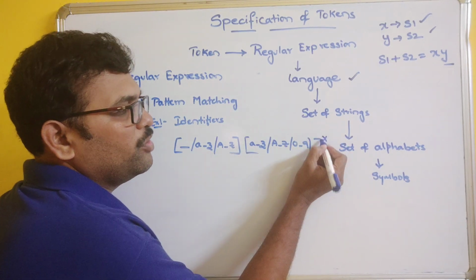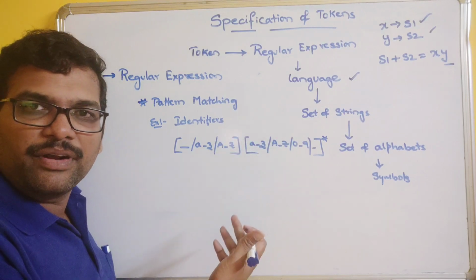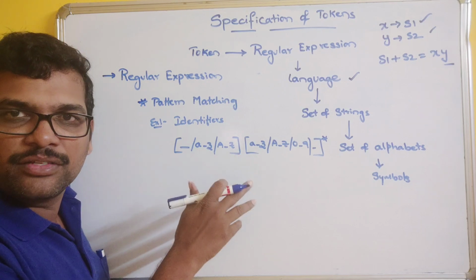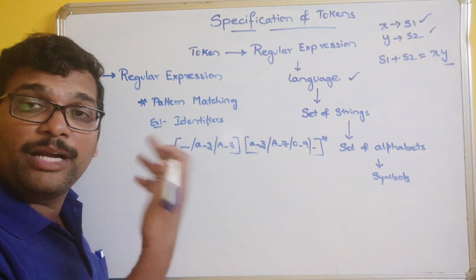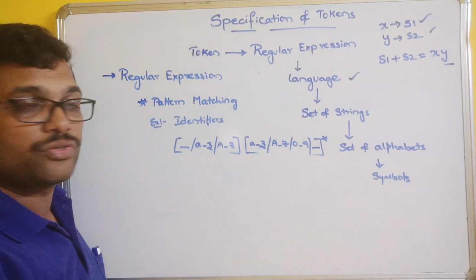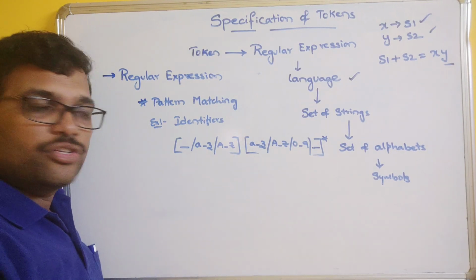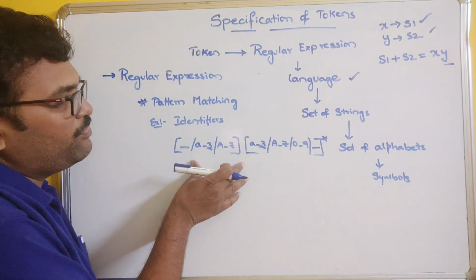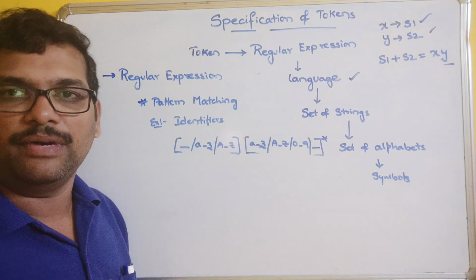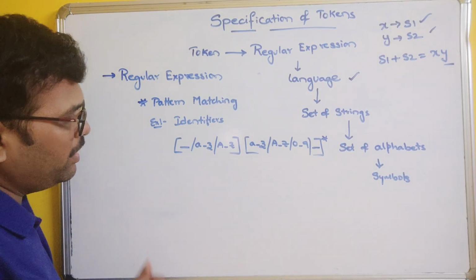Here you can simply use a star, which means it can repeat multiple times, followed by multiple alphabets, digits or underscore symbols. Based upon this pattern matching, the regular expression works. And one more thing here.